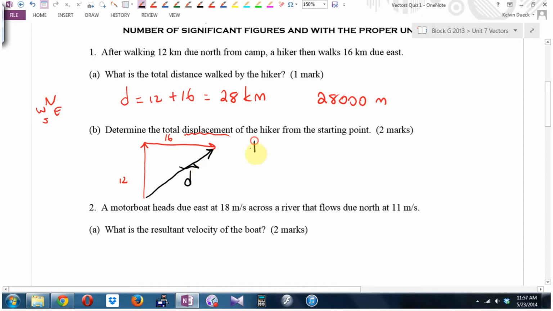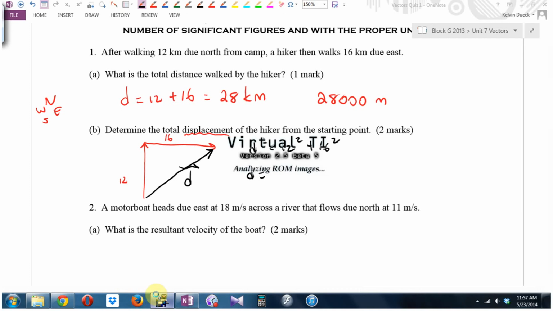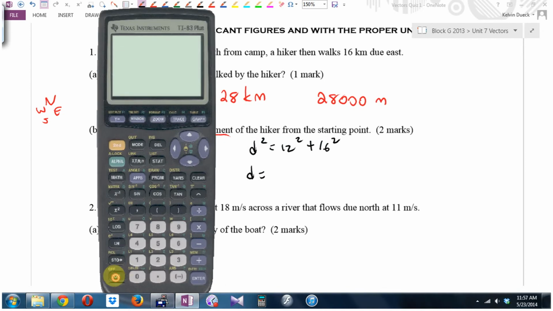I guess the magnitude is going to be d squared equals 12 squared plus 16 squared, and then square root. 12 squared plus 16 squared. Oh, is this going to work out evenly?